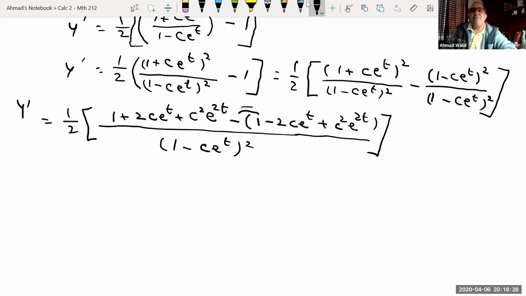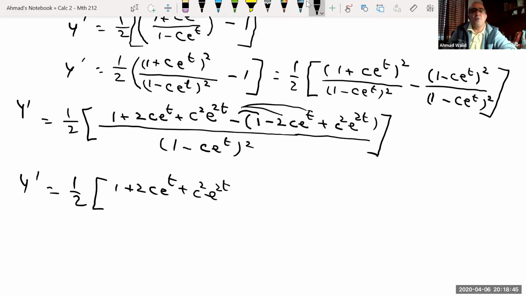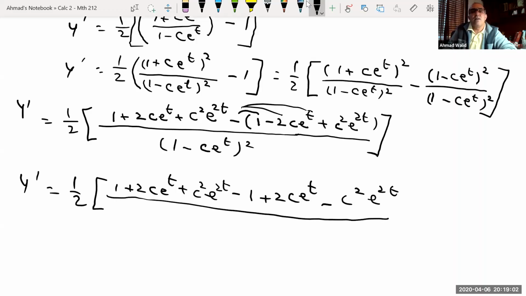Now distribute the negative here to inside. Then y prime equals 1/2 bracket 1 plus 2ce to the power of t plus c squared e to the power of 2t minus 1 plus 2ce to the power of t minus c squared e to the power of 2t all over 1 minus ce to the power of t all squared.